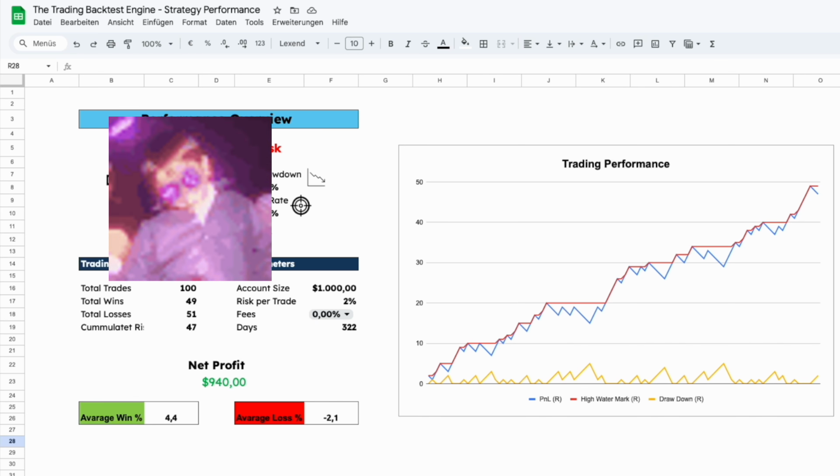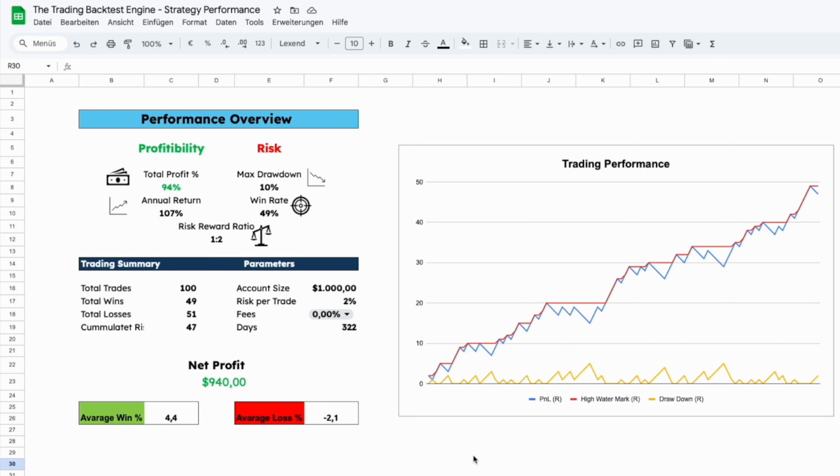But look at this performance chart. We ended up with a total profit of 94%, turning a starting account of $1,000 into $1,940 before fees. Across all trades, we had 49 wins and 51 losses, giving us a win rate of 49%.